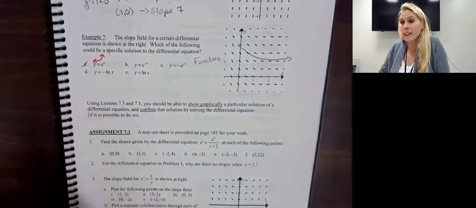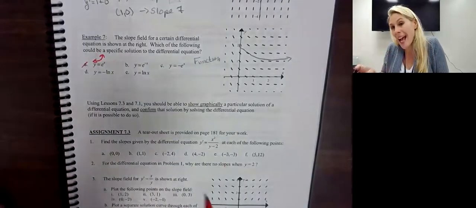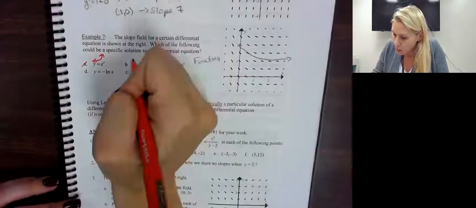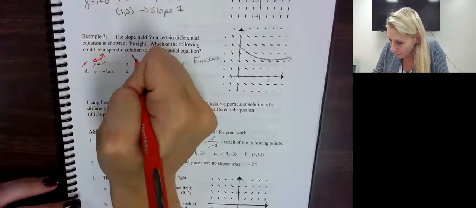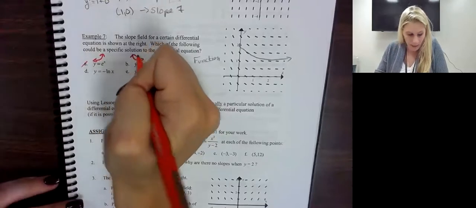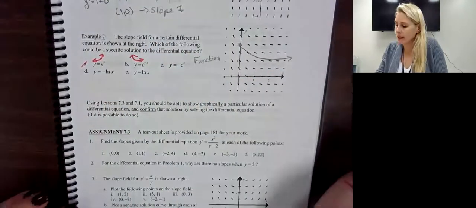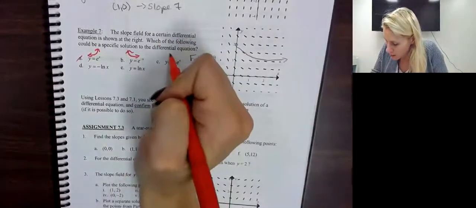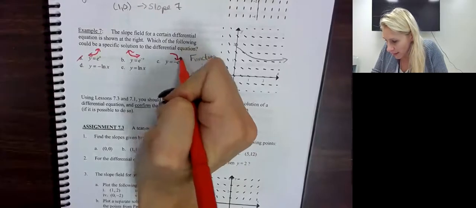E to the negative x. Well, remember, negative to the x means that I'm reflecting over the y-axis. So if you look, that flips this. So could B be the answer? Yep, that's nice. A negative up front makes it flip downward. So that would look like that.